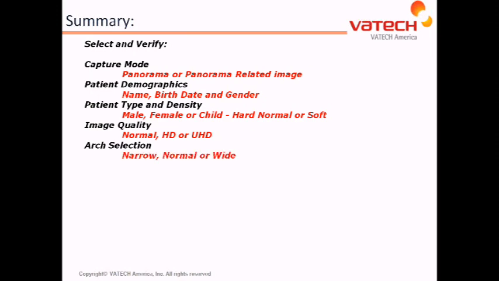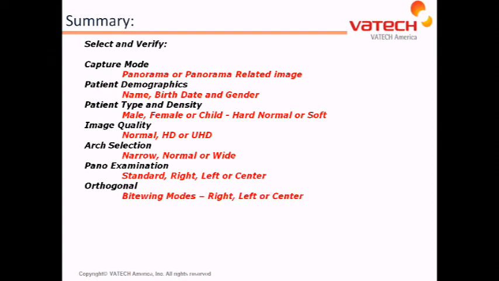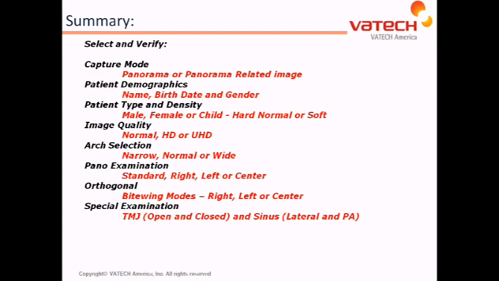Select our arch between narrow, normal, or wide, making our panorama examination option between standard, right, left, or center, as well as orthogonal modes including bite wings such as right, center, or left, and lastly our special examination modes including TMJ open and closed and sinus lateral and PA, which will be discussed in later training videos.